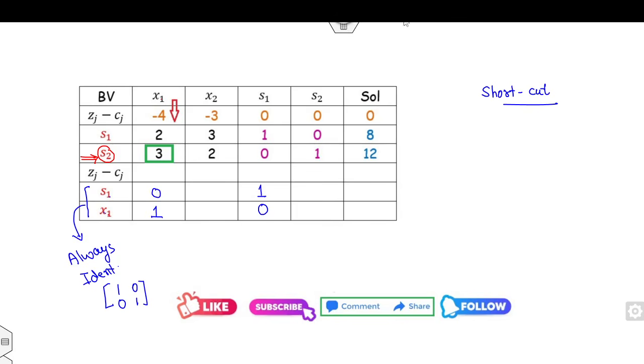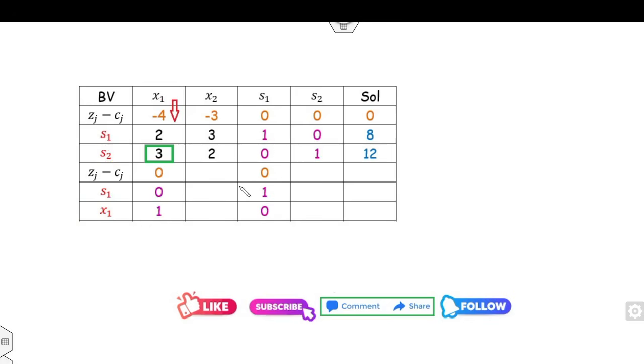Fine. And once you write the identity matrix, zj minus cj is always 0. Always remember, zj minus cj is 0 for the columns corresponding to the identity matrix. Fine. So your target is to write this.